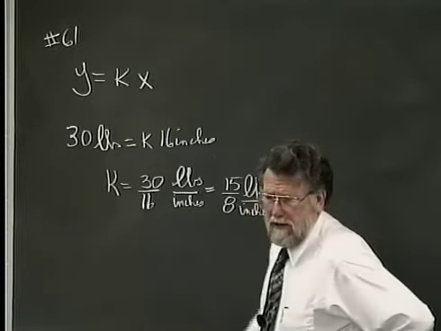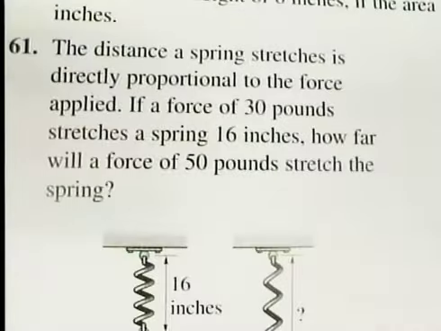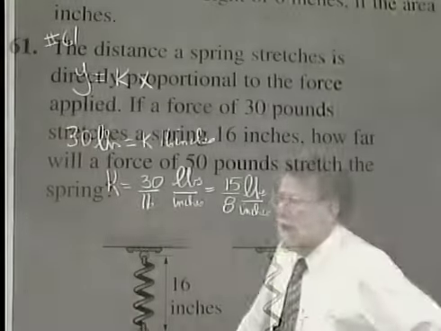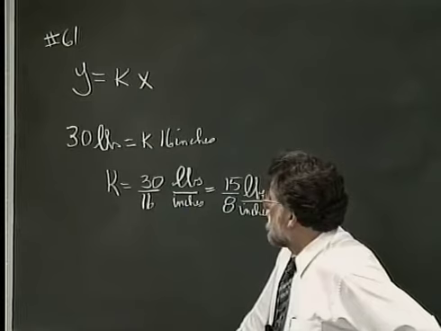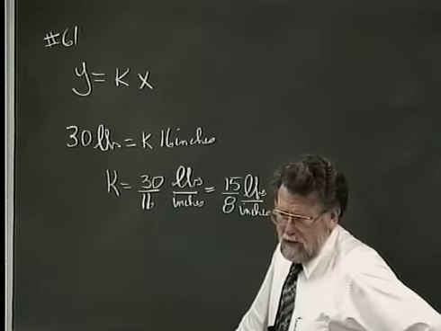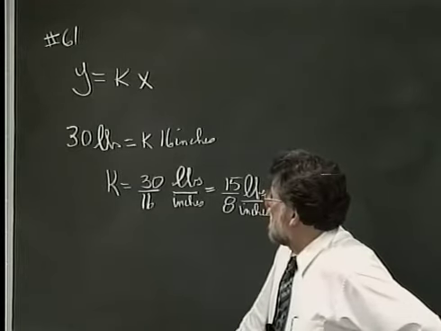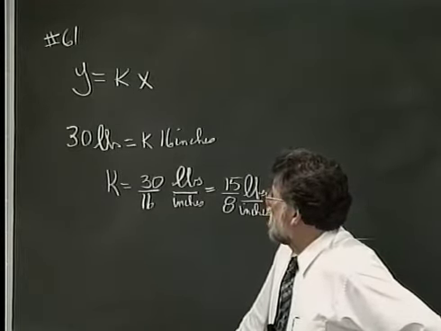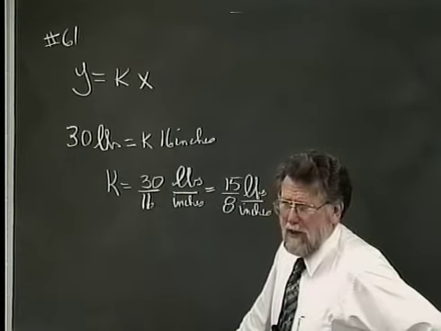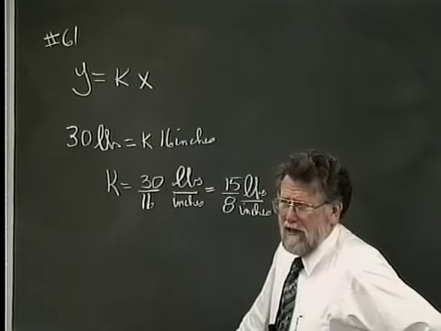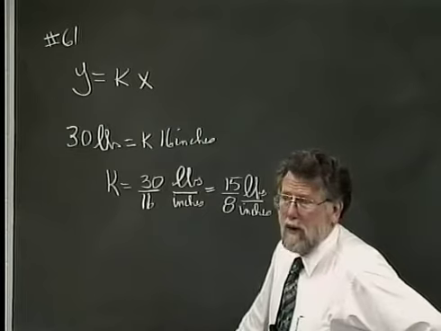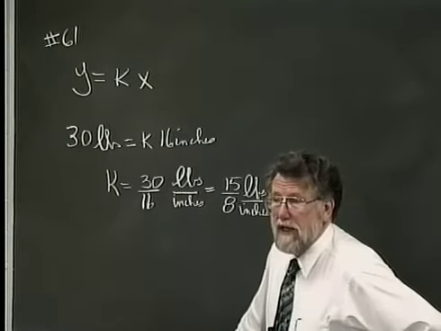Now let's come back to the statement of the problem. The question is, how far will a 50-pound force stretch the spring? We are using y equals kx, and the distance, and I have that unfortunately reversed, my x and y, now that I think of it, because the distance is proportional to the force.